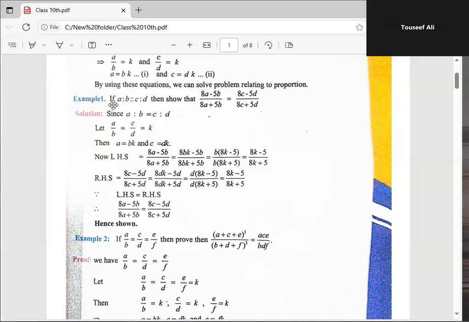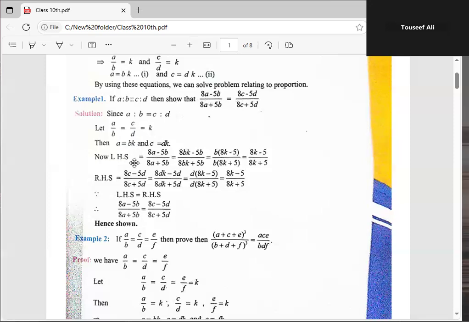This means A divided by B equals C divided by D equals K. We consider this ratio equal to a constant K. From here A equals BK, and C equals DK. Now we will replace these values in the question, on the left and right hand side.